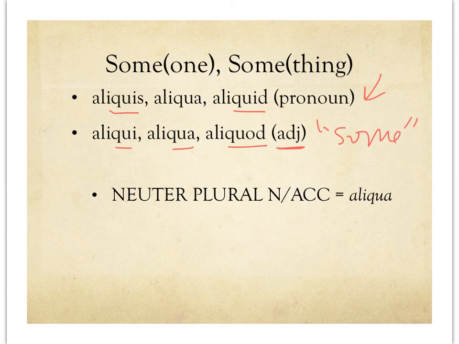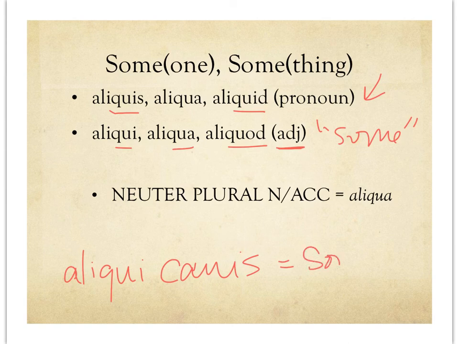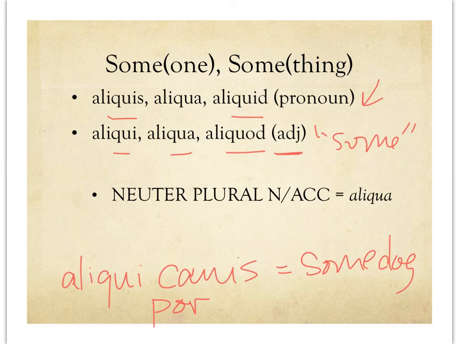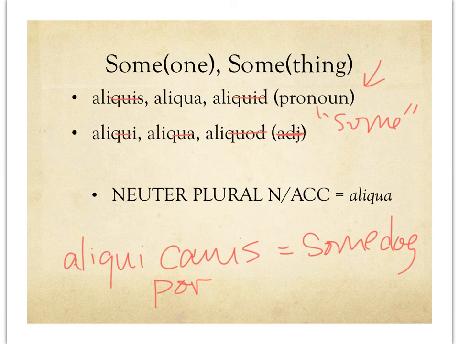So I could say aliqui canis, some dog, right? Or if we wanted to say aliqui porcus, we would say is some pig, right?